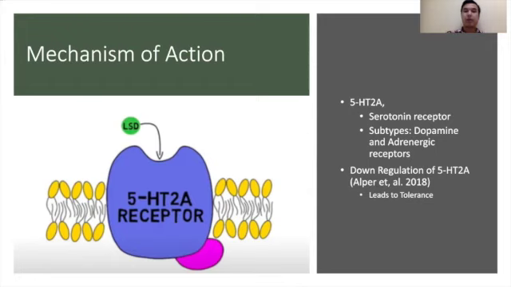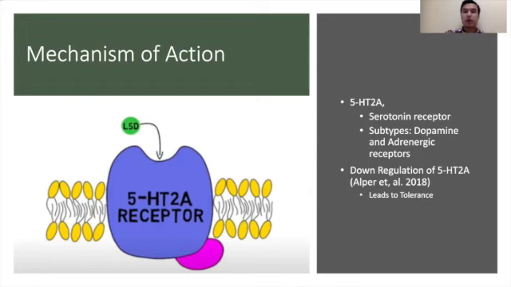LSD acts as a partial agonist at the 5-HT2A receptor, and this means that it binds to the receptor and generates a response that is a fraction of what the natural ligand serotonin generates. So it's kind of an excess amount of serotonin.